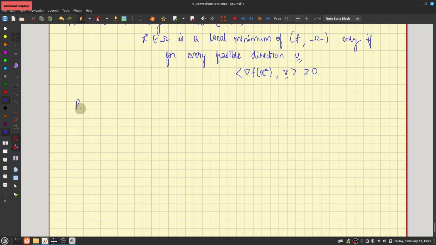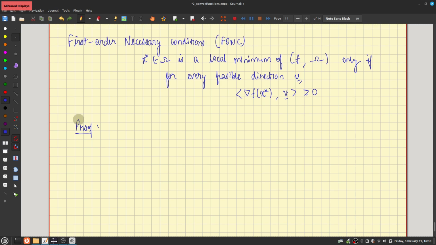Let's see a quick proof of this statement. How would you go about trying to prove this? Okay, so it's the other way around. I'm sorry. We should assume that it's a local minimum, because if it is a local minimum, then this should be true.